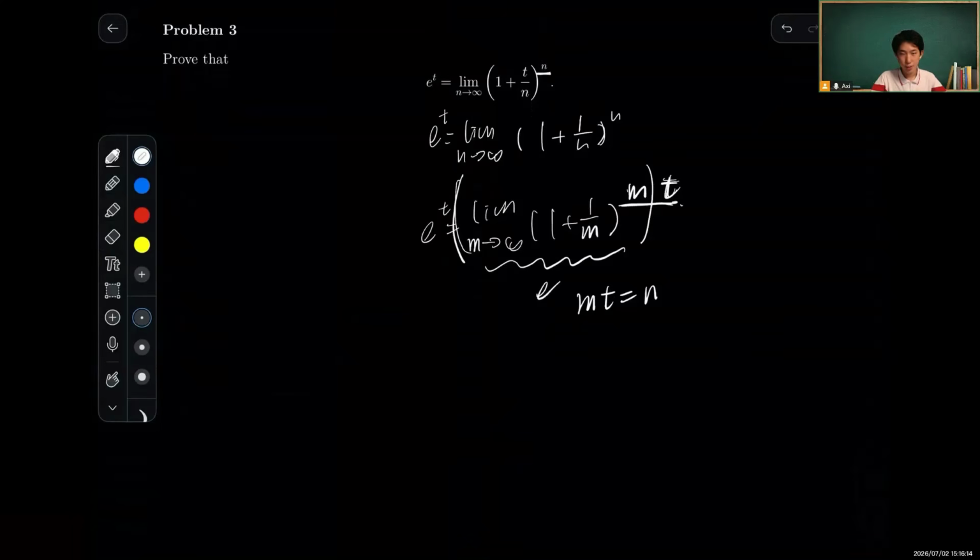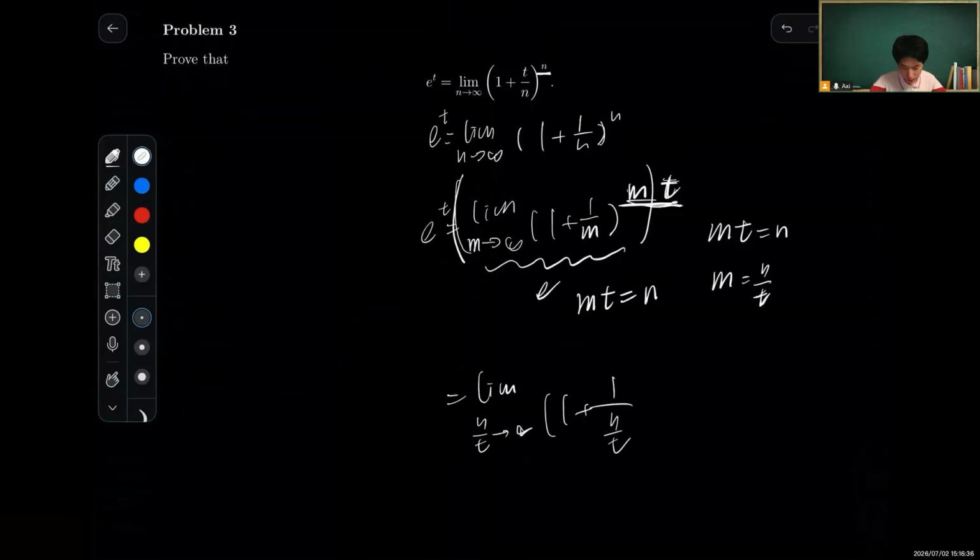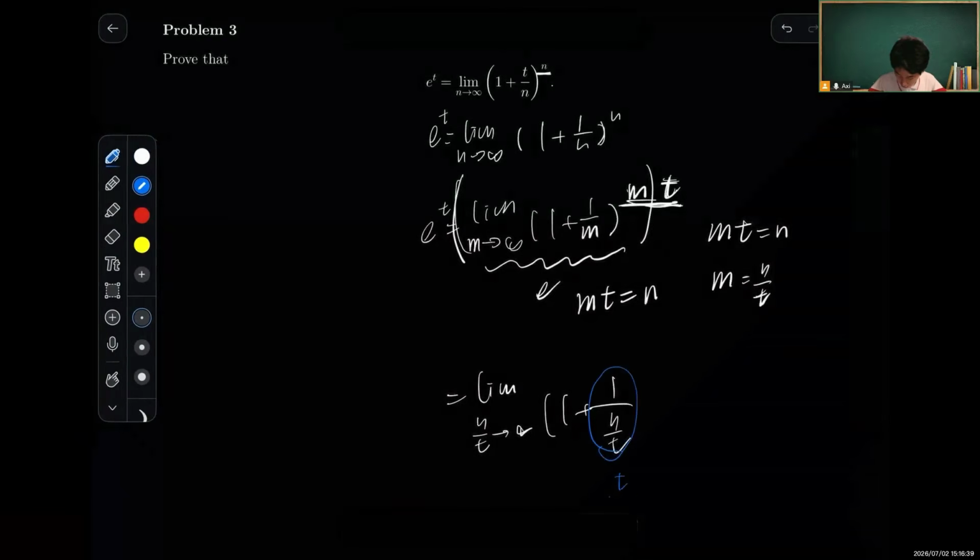Inside it is still e, it still holds true because m is still infinity. However, under this circumstance, we note that suppose m times t is equal to n. Then what is m? m is n over t. Now we can plug this back in. The limit of n over t to infinity of (1 + 1/(n/t)), which just happens to be t over n, that is the target equation, to the t over nth degree entirely to the tth power.